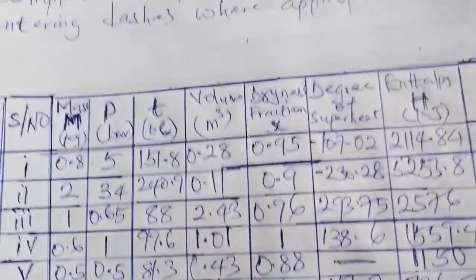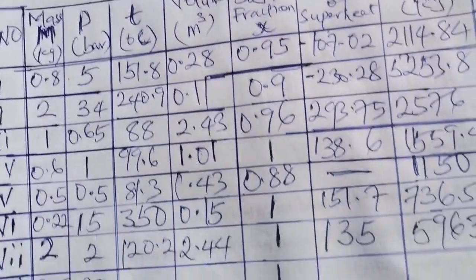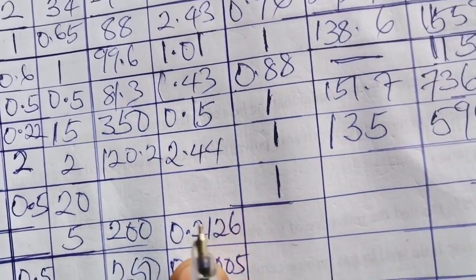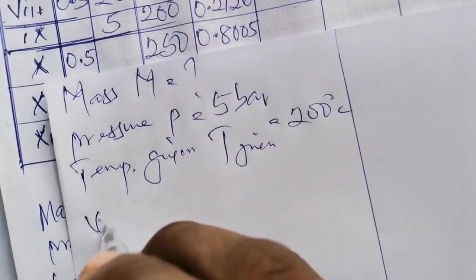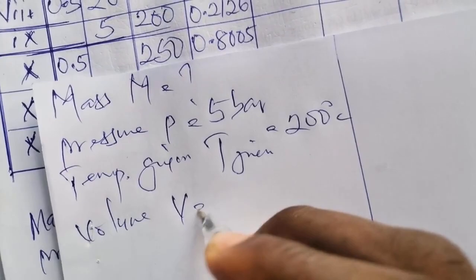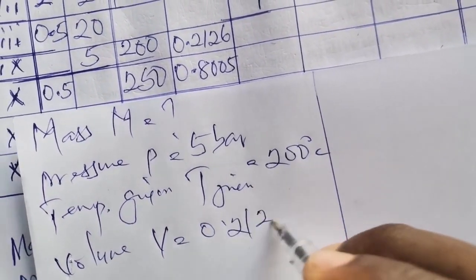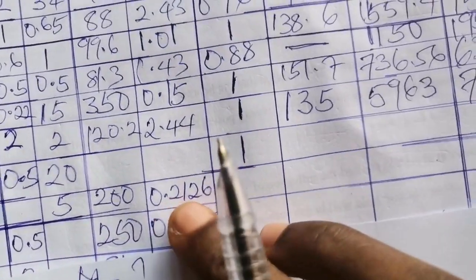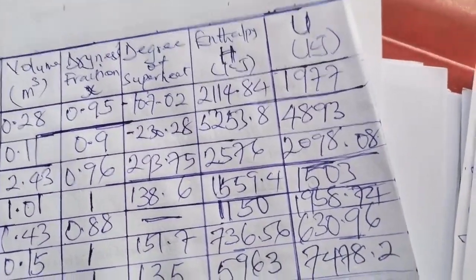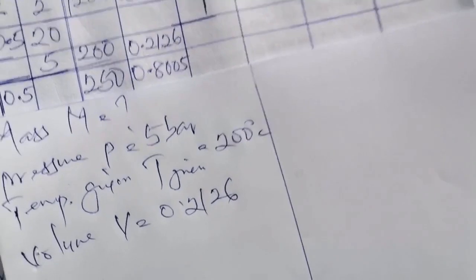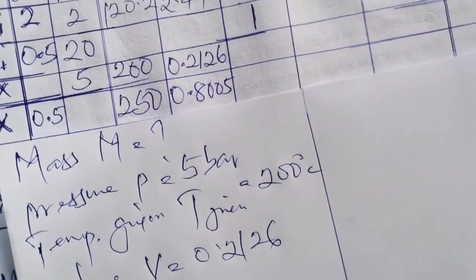We are also given total volume, that's the column for volume. V equals 0.2126. Alright, so we have to find dryness fraction, degree of superheat, enthalpy and internal energy. That's what we're looking for.